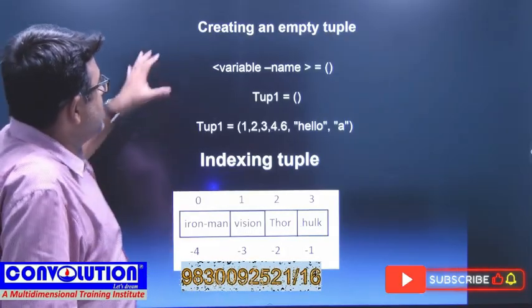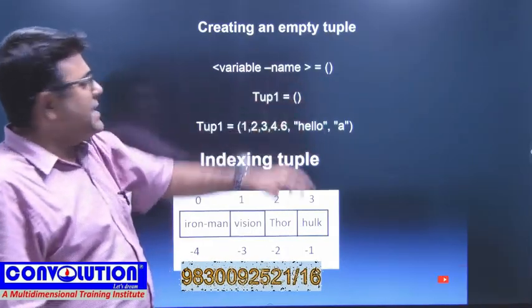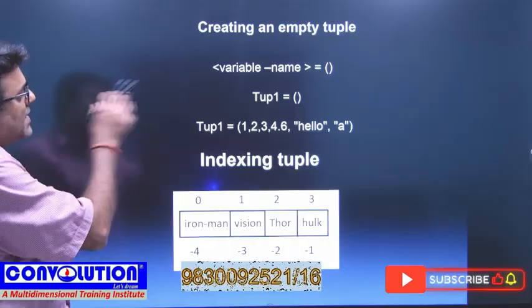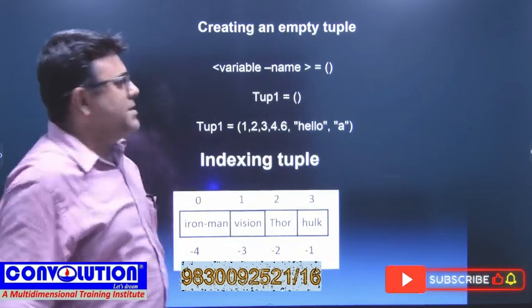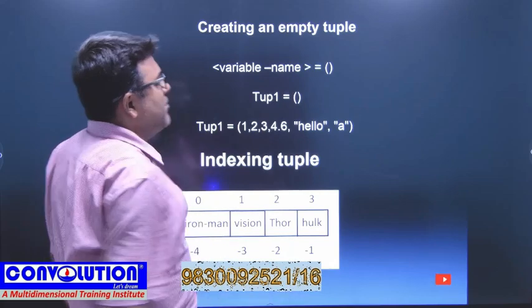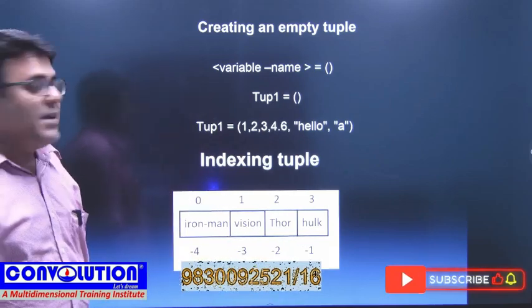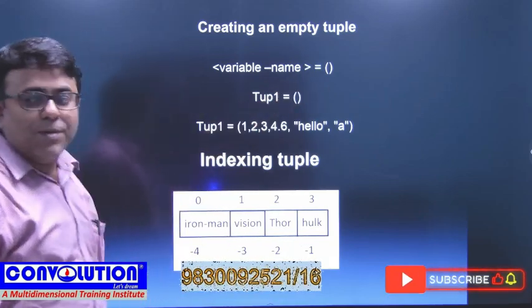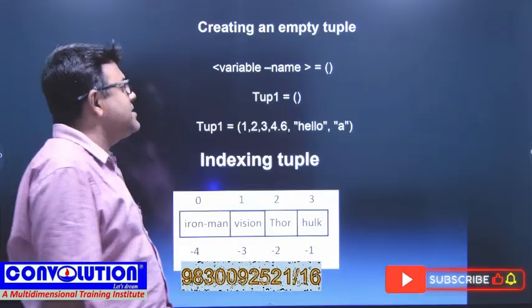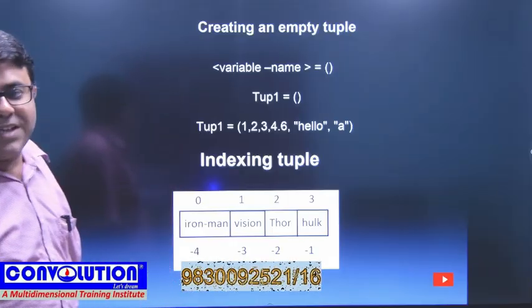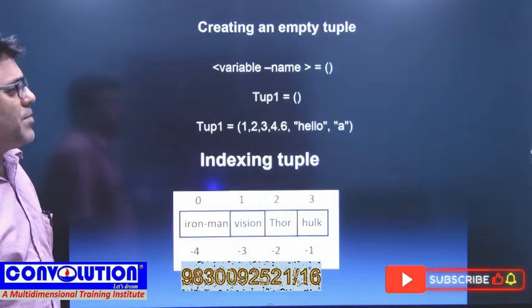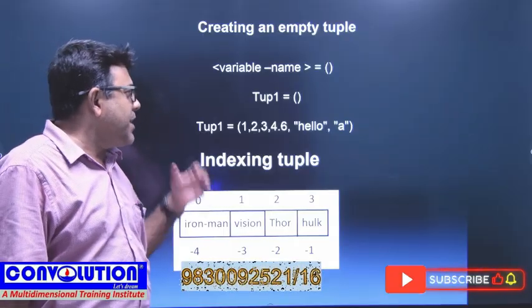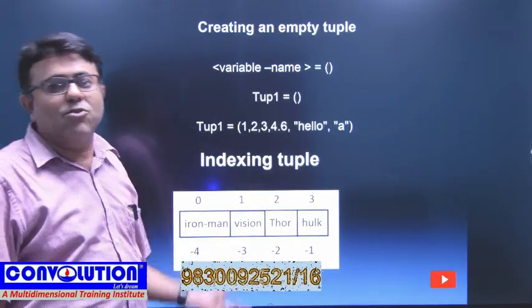So here we are going to learn how to create a tuple. First of all, we learn creating an empty tuple. This is a variable name, meaning the tuple name, equal to first bracket open and first bracket close. That means we are creating a tuple. For example, tup1 equal to open bracket, close bracket.